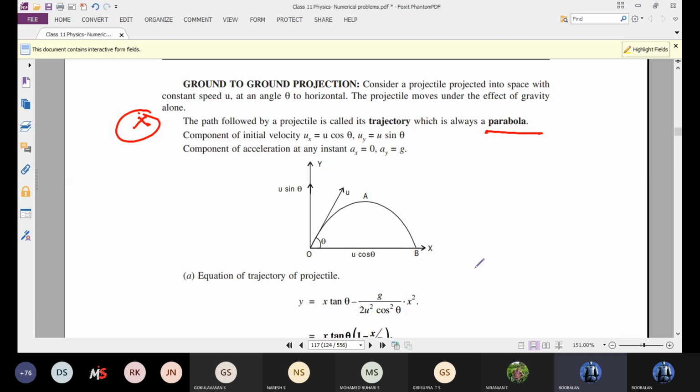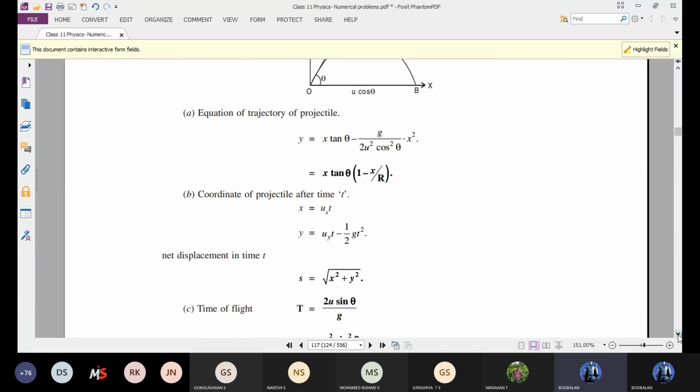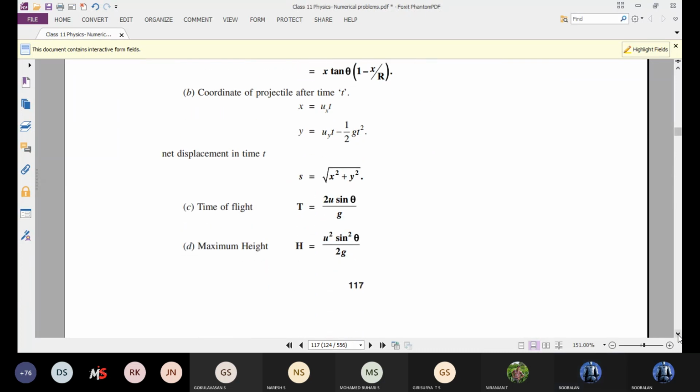Okay. Now we have already completed the formulas for the coordinates, for finding the displacement s equal to root of x square plus y square. Time of flight is 2u sin theta divided by g. Maximum height h is u square sin square theta divided by 2g.